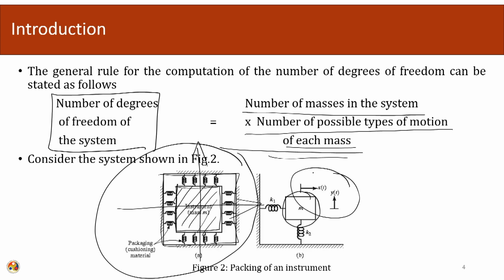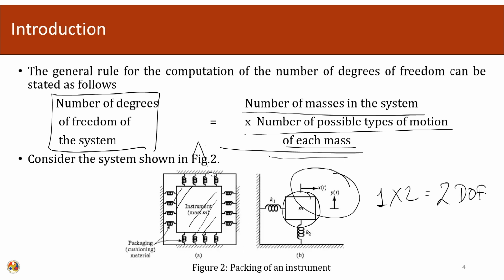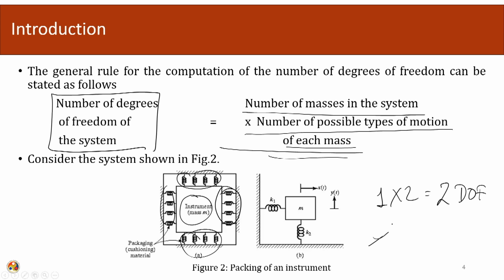There are 2 motions allowed. So, 1 mass into 2 motions, again it becomes a 2 degree of freedom system. This is a representation of a normal packing system. This is our device, and here the stiffeners are used as a packing material. So, this becomes a representation of a 2 degree of freedom system.